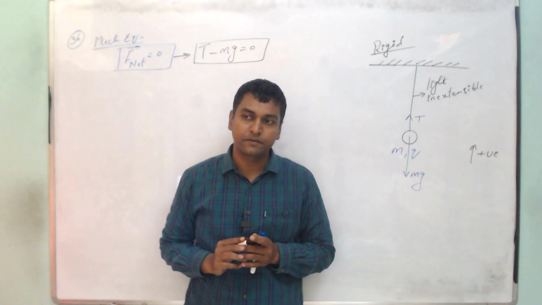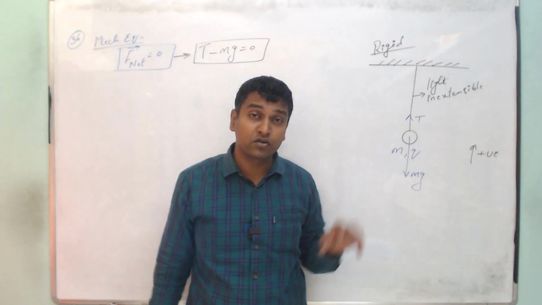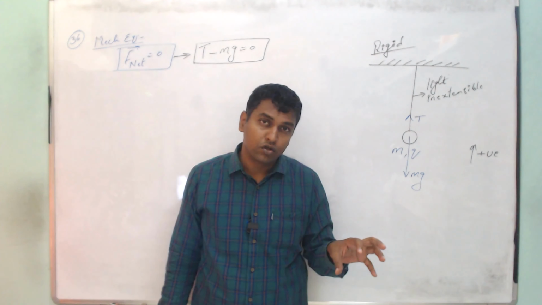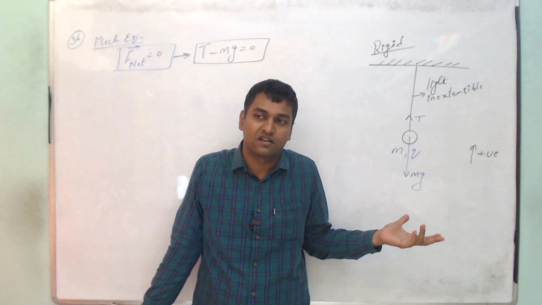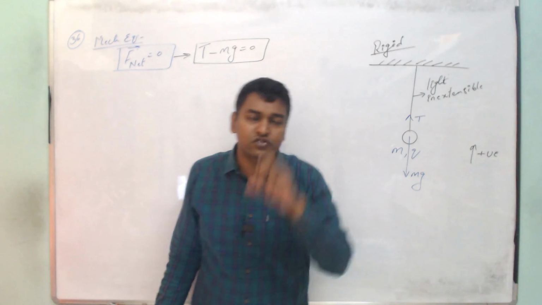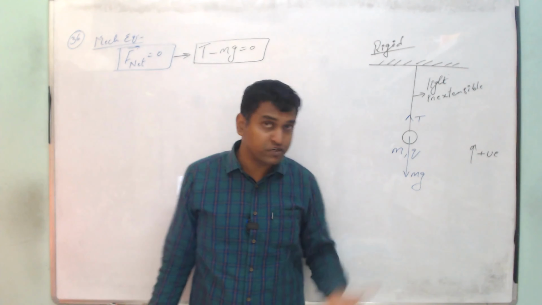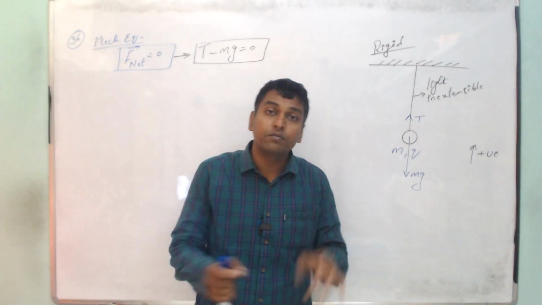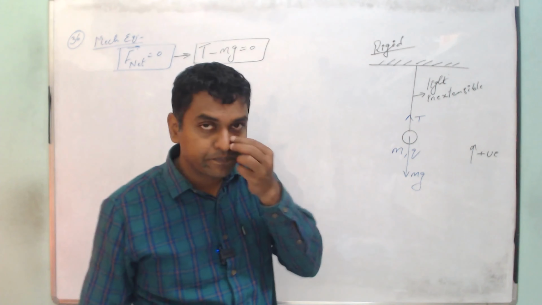Is this clear? Till now, there is a charge Q on this ball, but there is no electrostatic force in the story. Electrostatic force will come when there are at least 2 charges, or when there is an electric field and the charge is placed in it.